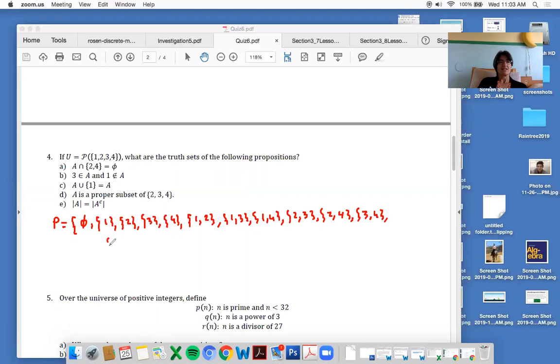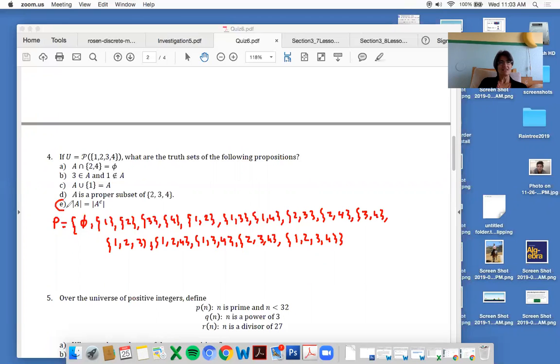Then 1, 2, 3; 1, 2, 4; 1, 3, 4; 2, 3, 4. And then 1, 2, 3, 4. Okay, so that's the power set.